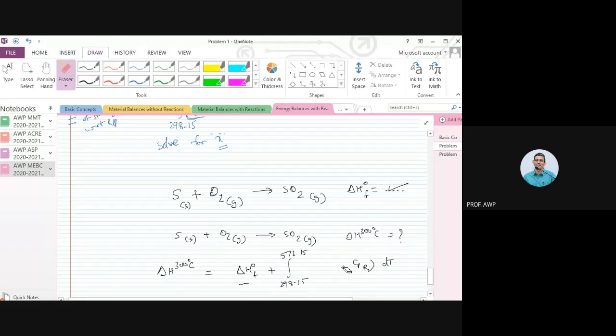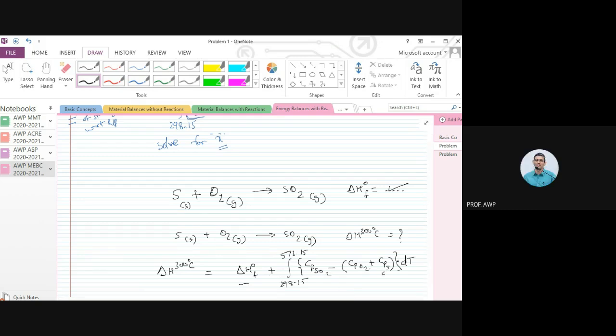What is the Cp of products? That means we will need Cp of SO2 minus Cp of oxygen and Cp of sulfur, dT. Do you agree with that, Sarthak? Yes, sir. Got my mistake, sir. I did not consider the Cp for the sulfur.